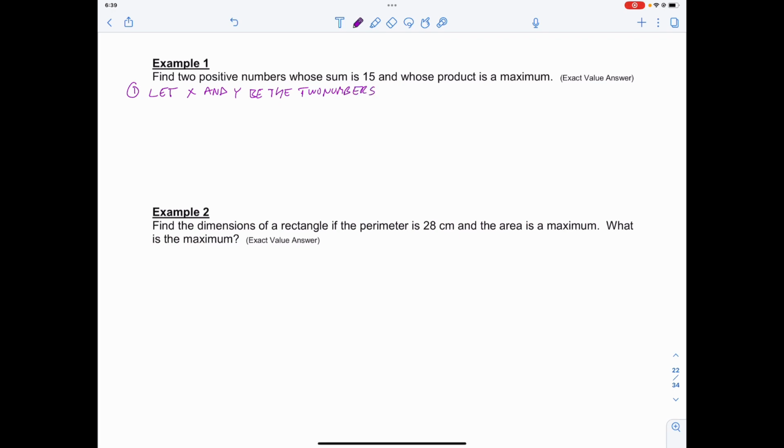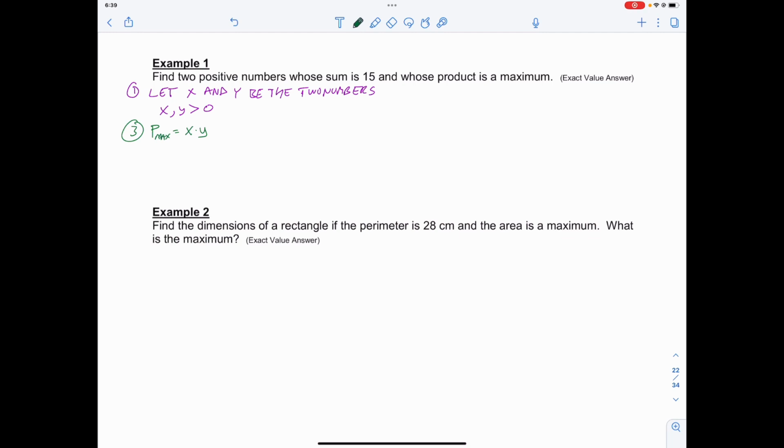We also know, because it says that it's two positive numbers, that x and y have to be greater than 0 in order to be positive numbers. Now we're going to skip over step 2 because there is no diagram for this problem. But it says that it wants the product of these two things to be a maximum. So for step 3, we're going to state that the product, which we're looking for, which is a max, is just going to be the product of x times y.